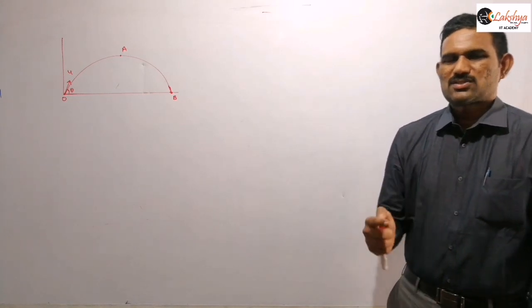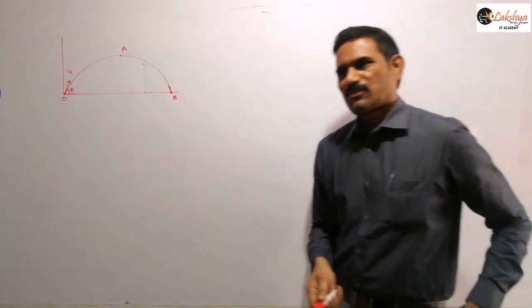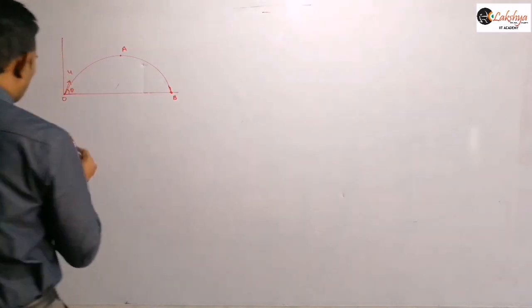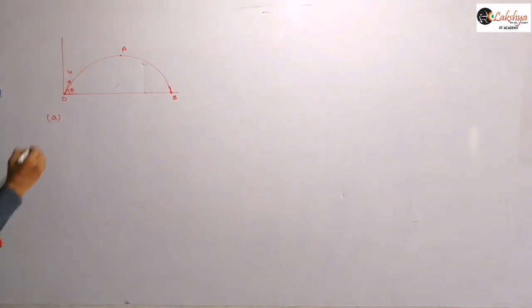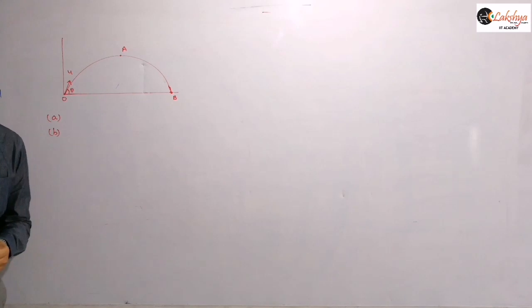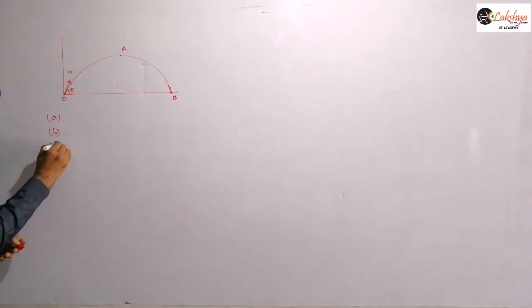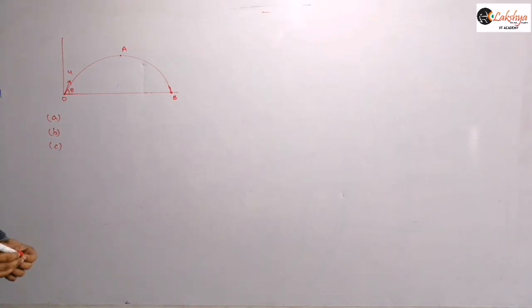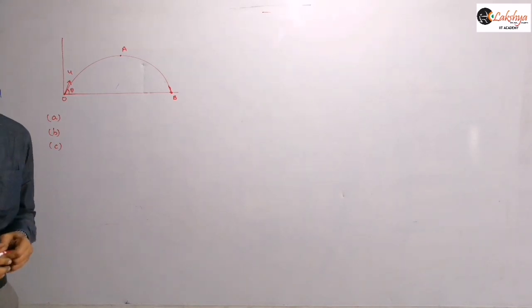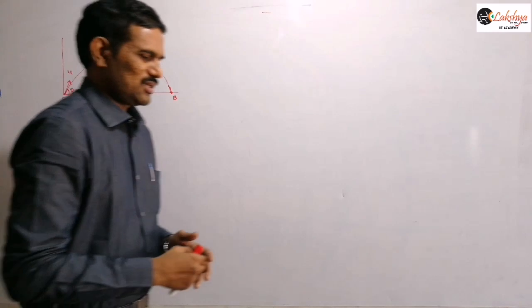In that, the first question, let us write it as A, at any instant of time. The second one is when it is at the highest point. And the third one is just before reaching the ground.